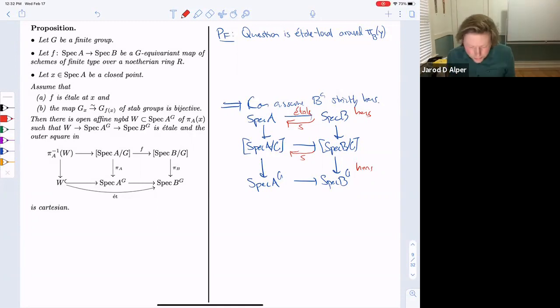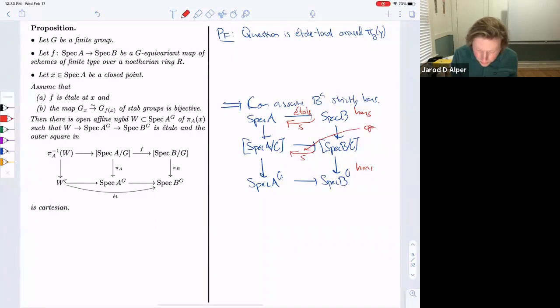And now, what are we trying to show? We want to show that we can shrink Spec A^G Zariski locally so that the induced map on quotients is étale and the diagram is Cartesian. But this tells us what we can do, because S is an open and closed immersion.